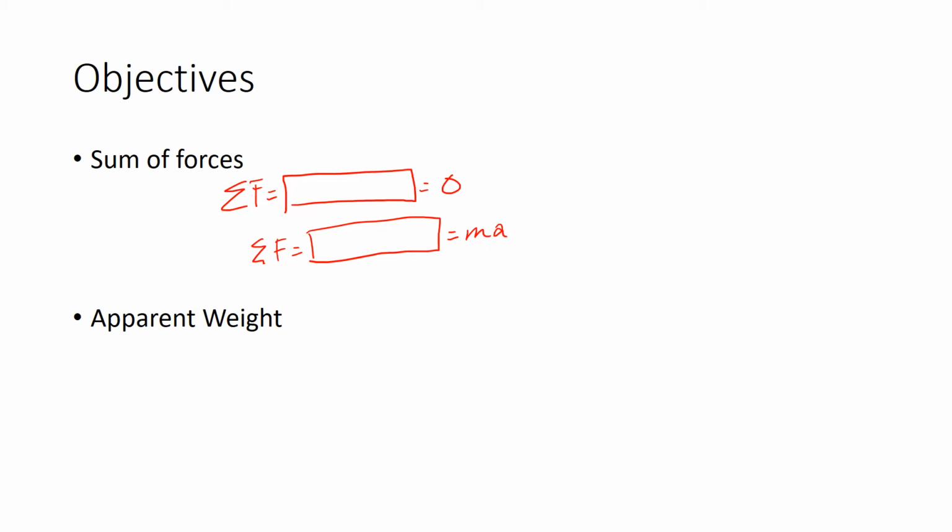On top of that, we're going to talk a little bit about normal forces and apparent weight. Meaning when things move up, we have the regular weight, mg is our regular weight. But we have what's called our apparent weight, which is the normal force. When things move up and down, they don't weigh the same.